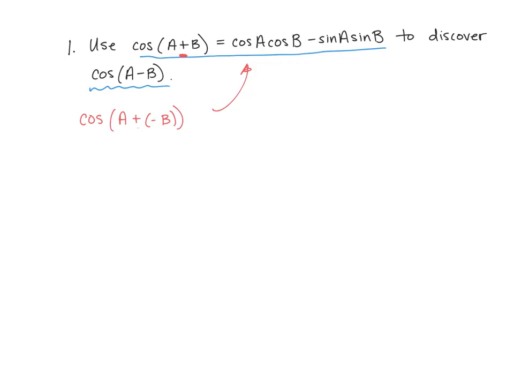So now let's go through and use that. So our first angle we see is A. Our second angle we see is a negative B. So I have cos of my first, cos of my second, minus sine of my first angle, sine of my second angle.